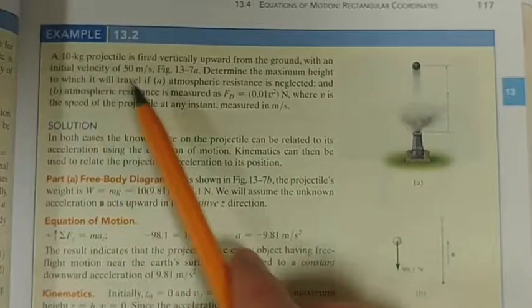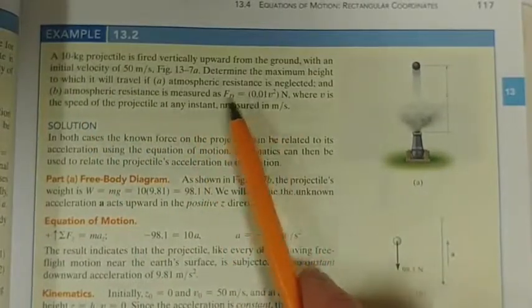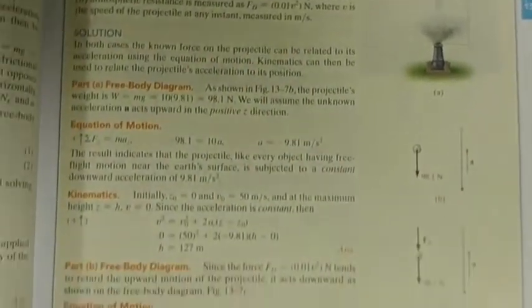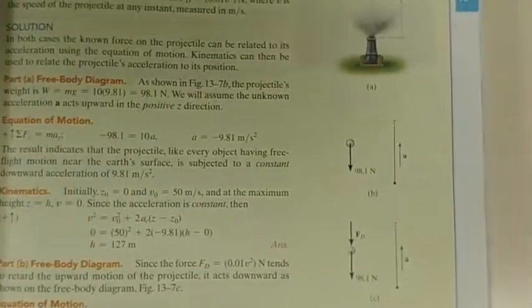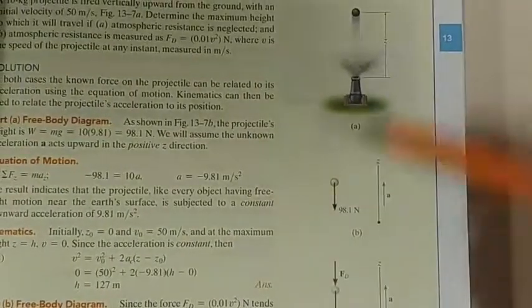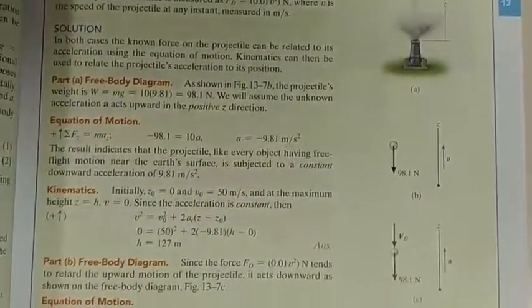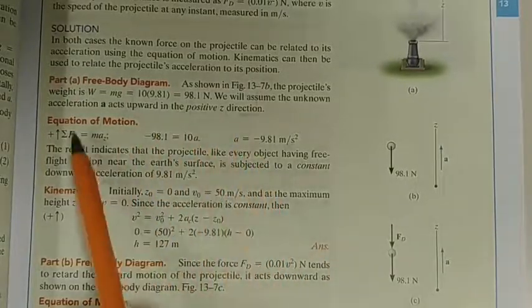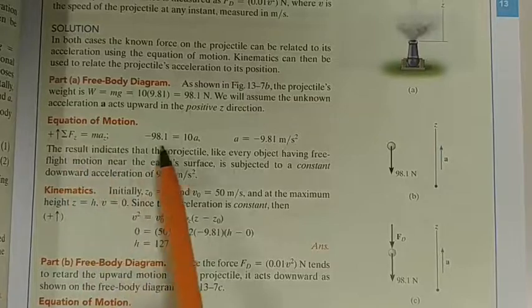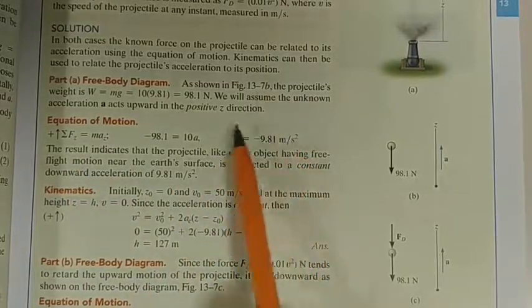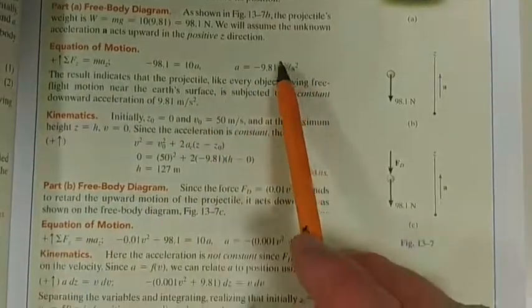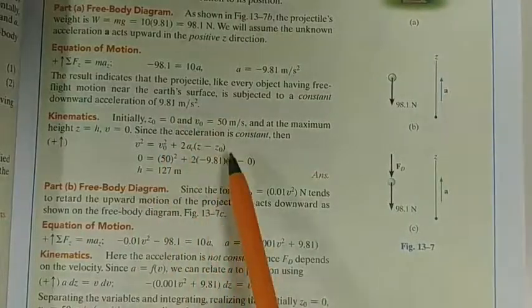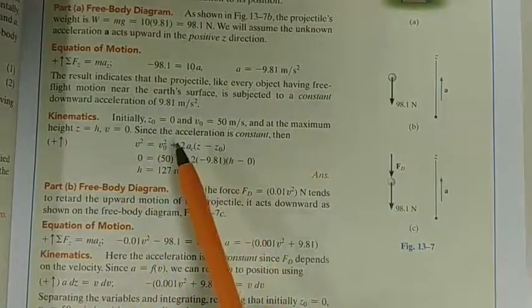Again, I'm going to jump now to 13.2. We're given mass. We're given force. So the idea is, I'll analyze one of these problems in detail in the next video. But we're given force information. Do you see the equation of motion? And we get some kinematic information. We take that kinematic information to determine more kinematic information.